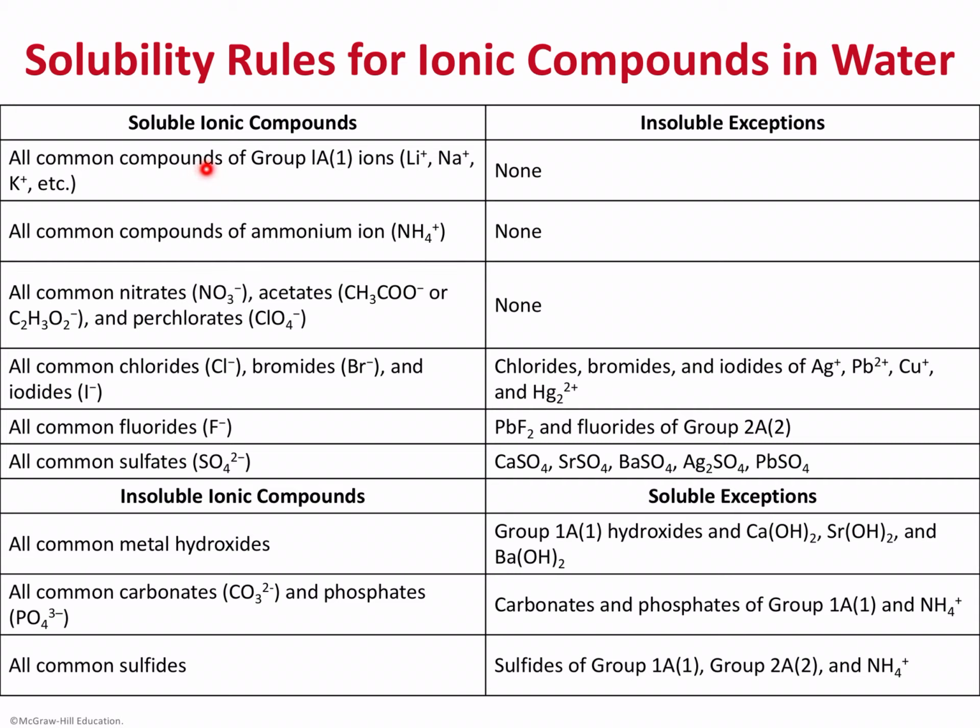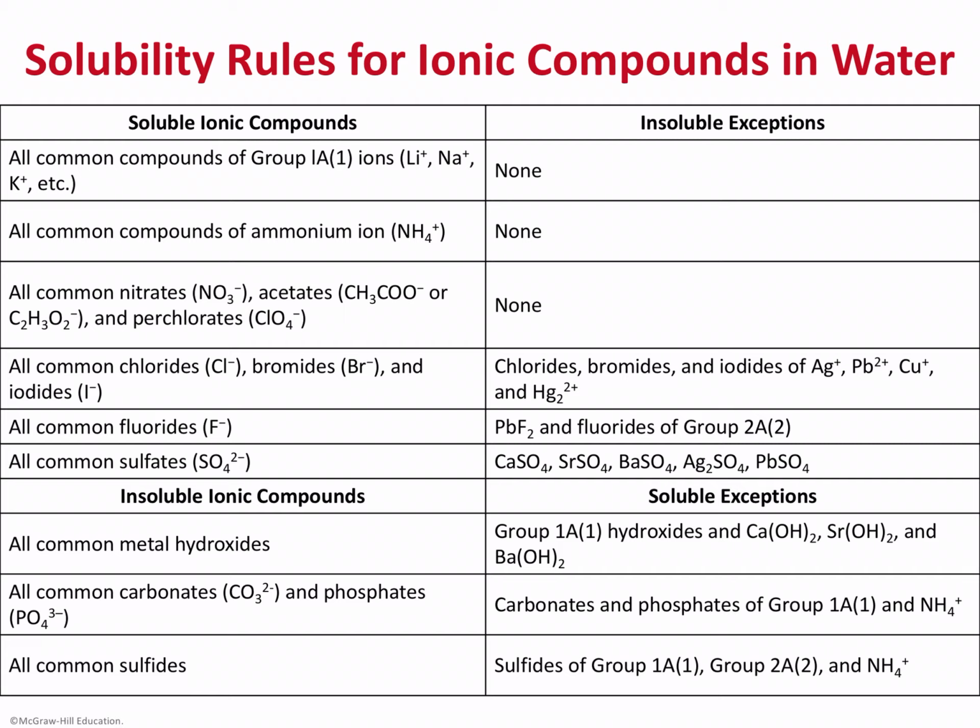And then we have strontium nitrate and nitrates over here. All common nitrates, acetates or perchlorates are soluble, meaning strontium nitrate is also soluble in water. And then we're going to be looking at our products, which is going to be potassium nitrate. All potassium, group 1, are going to be soluble, all nitrates soluble. So one of our products, potassium nitrate, is also soluble.